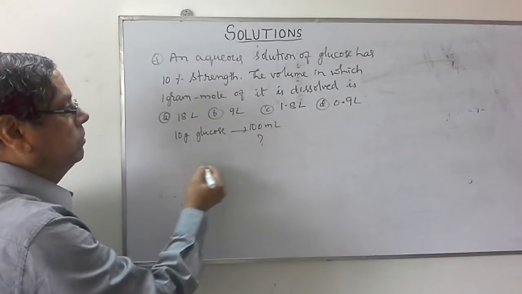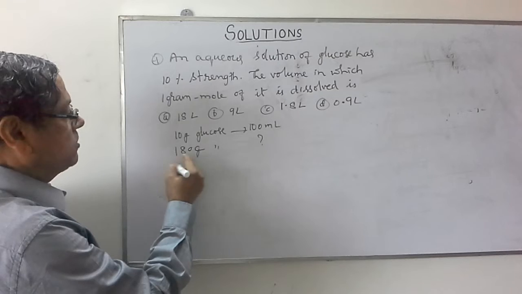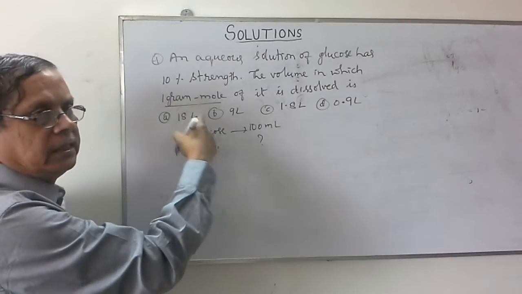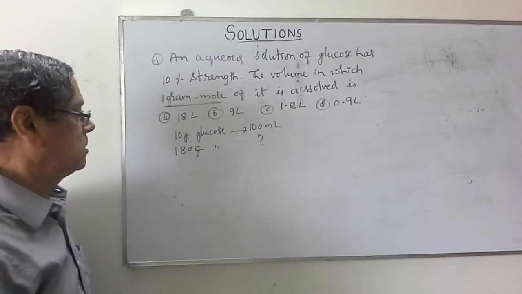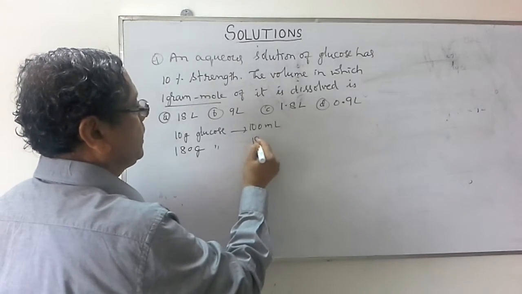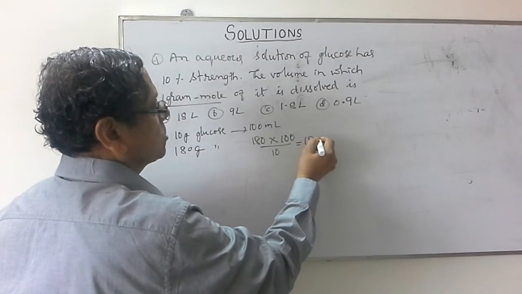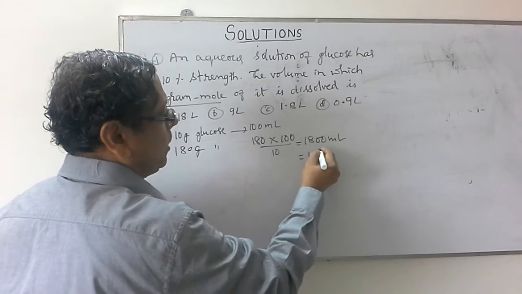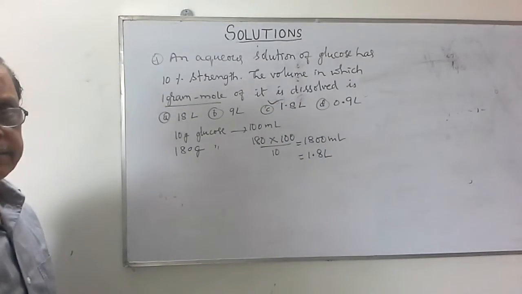Therefore, what will be the volume to contain 180 grams? 1 gram mole corresponds to the molecular mass of the substance in grams, that is 180 grams of glucose. So 180 grams of glucose is present in 180 into 100 divided by 10, which is 1800 milliliter, or 1.8 liter. Therefore, the correct option is 1.8 liter.